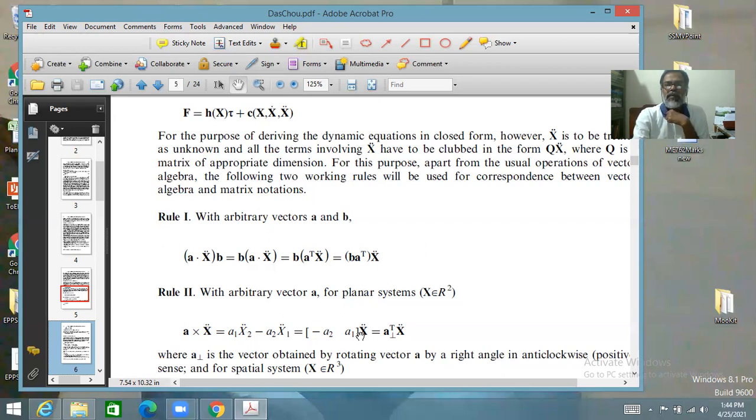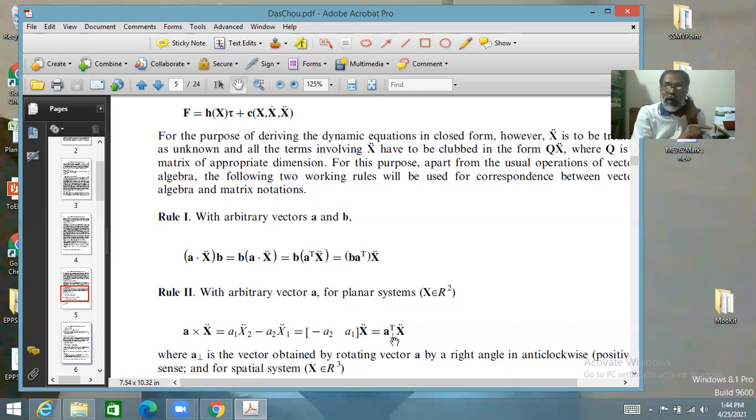First, you interchange the coordinates. a1 comes here, a2 goes there. Then the sign of the first one is reversed, and then you take the transpose. So flip the two coordinates and make the first one negative. That is represented here by a subscript perpendicular sign.